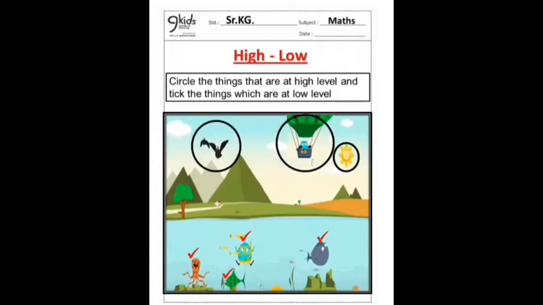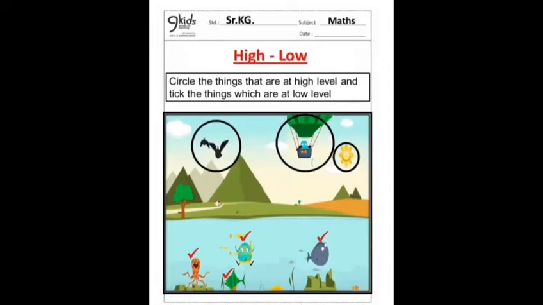Now see, can you see 3 black color circles? Yes, I have marked the circle with black color to show the things which are at higher level. See, you can see the birds flying, you can see the hot air balloon, and you can see the sun high up in the sky.